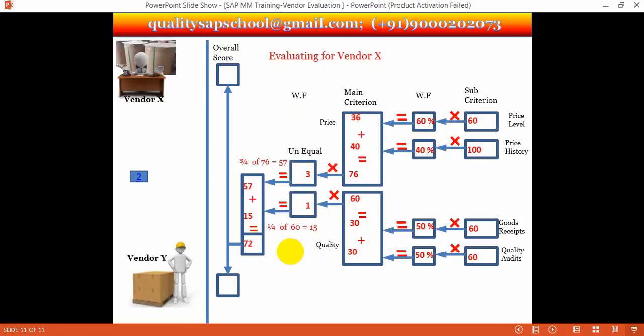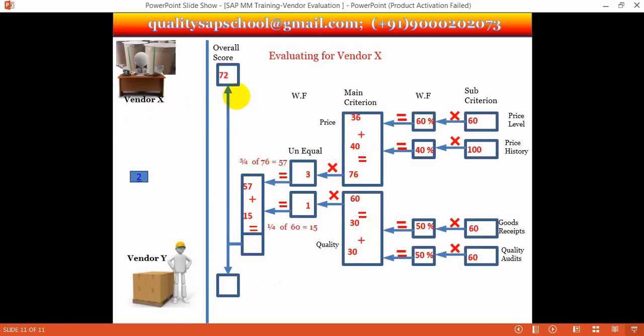This 72 is the sum of the individual main criteria. This is one individual main criteria, this is another individual main criteria, and the sum of them is 72, and this 72 is going to be awarded to this vendor X.